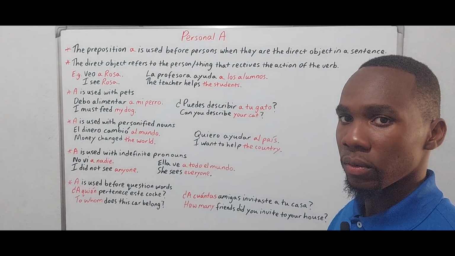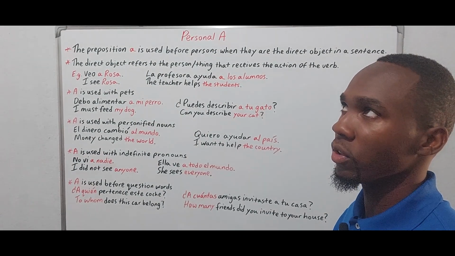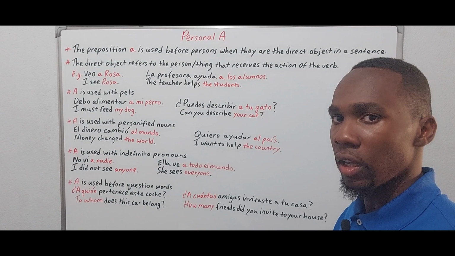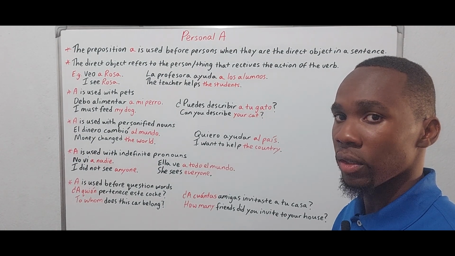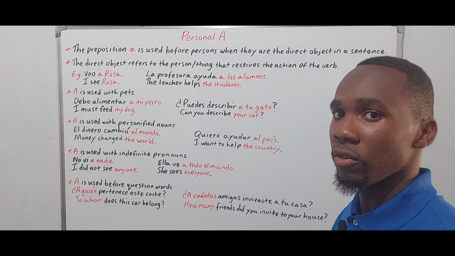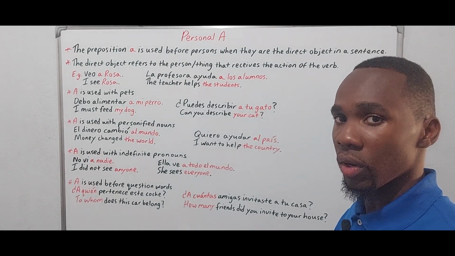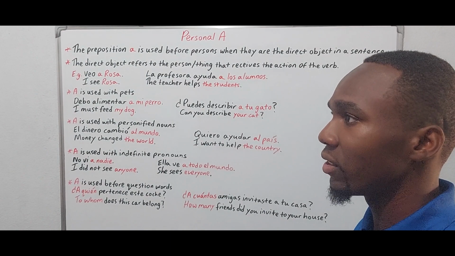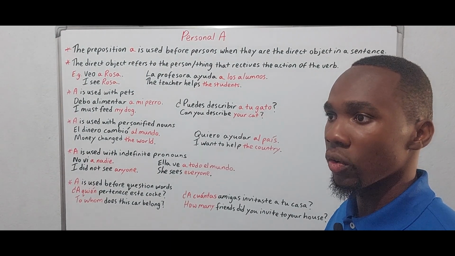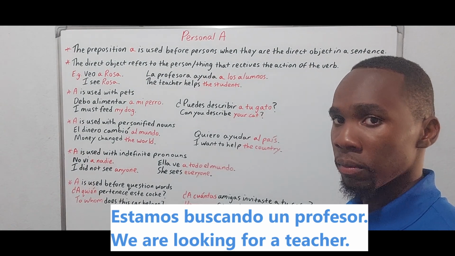I shouldn't say it's optional, but in this particular case, if we are referring to someone specific, we use the personal a. But if we are not referring to someone specific, we do not. For example, if I say, estamos buscando un profesor, we are looking for a teacher.